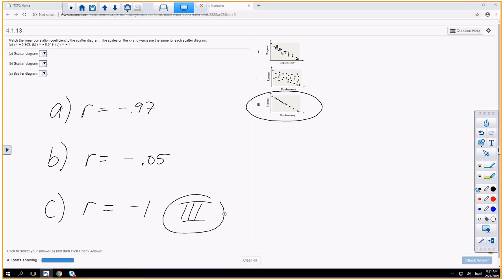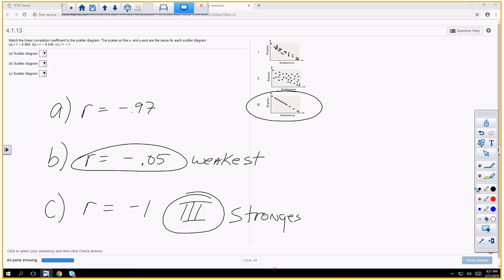I don't know how they want you to do it, but you can do it on your homework. I'm not going to try to figure that out. Okay? This is the weakest. Which set of dots portray the weakest? Yes, because they're what? They're spread out.